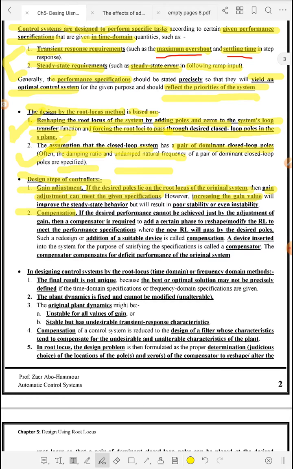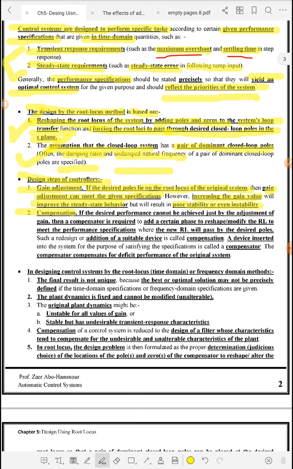and when we increase the gain value we will be approaching the imaginary axis, and this will make the system less relatively stable, the relative stability will be reduced, and it will improve the steady state behavior of the system, because as Kp or Kv or Ka increase, by increasing the gain, the Kp or Kv or Ka will increase, and if they are increased then the steady state error will be decreased, as we discussed previously in the previous chapters.